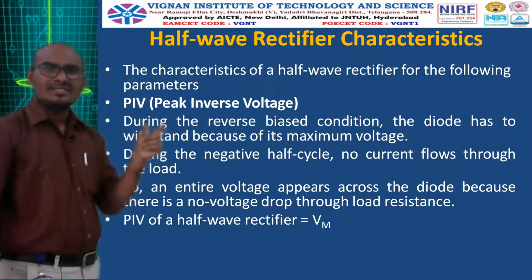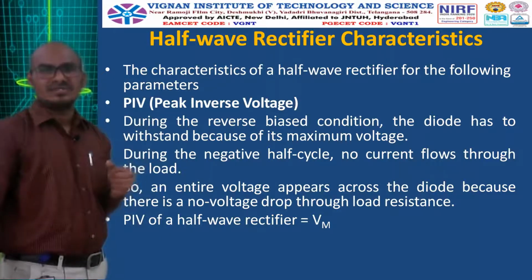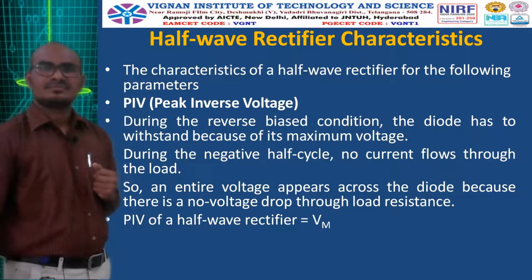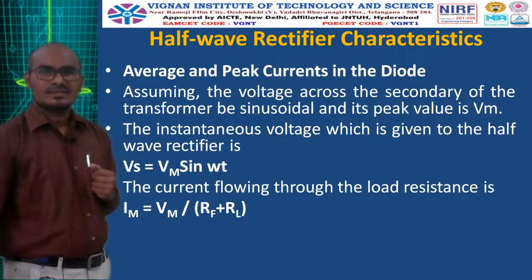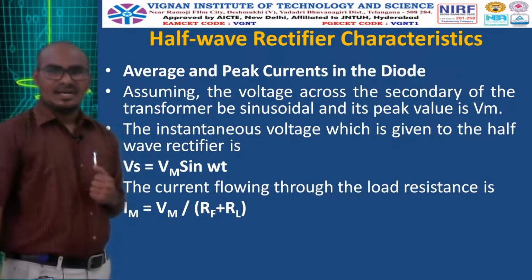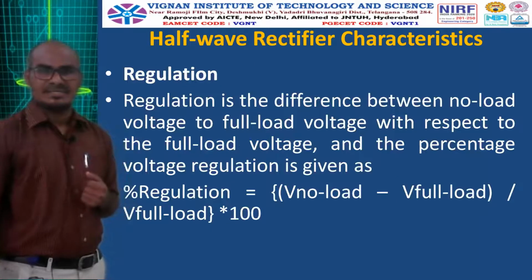During that time, what is the voltage available across the diode? That is called the peak inverse voltage, and that is equal to Vm for the half wave rectifier. This derivation I will do in the class. Don't worry about this. I will derive it on the board. I cannot explain with the PPTs.